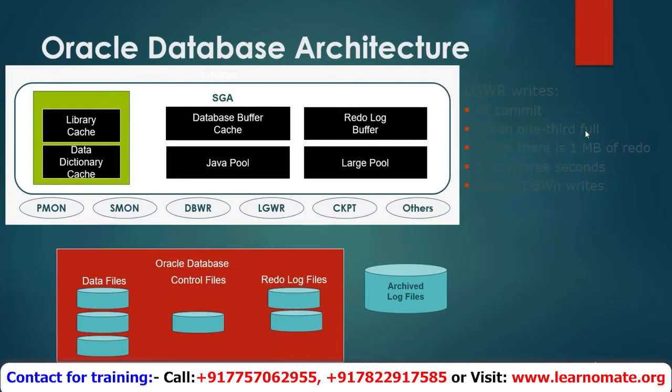The redo log file is used for disaster recovery, like when your database is abruptly shut down or there is some recovery needed. From where does it do that recovery? It does that recovery from the redo log file.